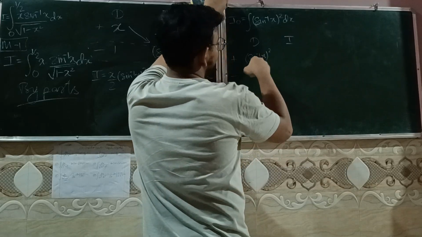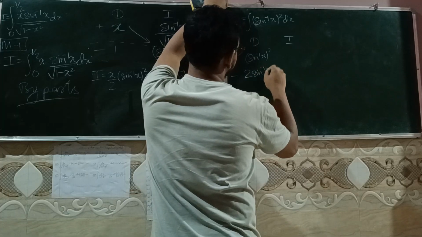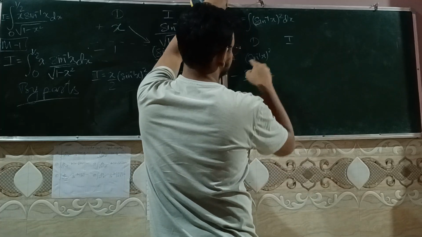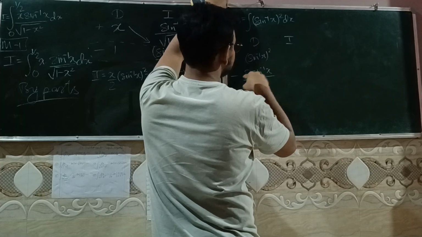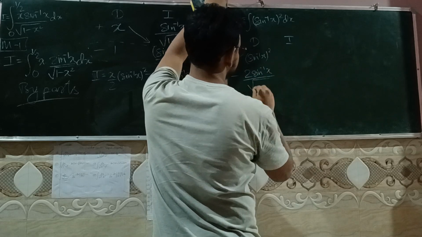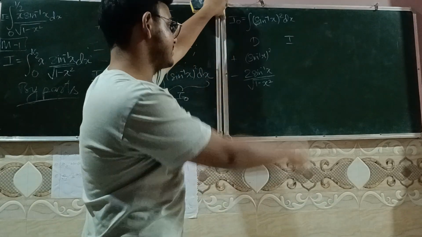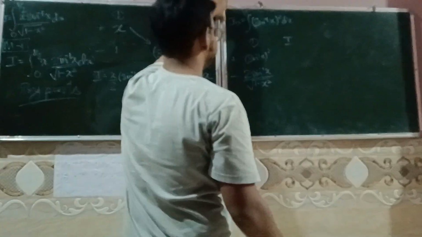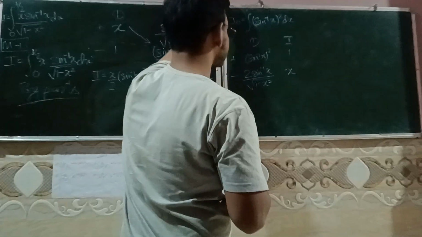Differentiating this gives 2 times sine inverse of x, times the derivative of sine inverse of x, which is 1 over square root of 1 minus x squared. And we have 1, and the integral of 1 is x.